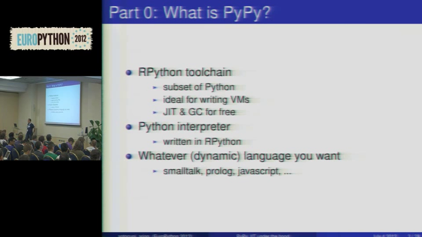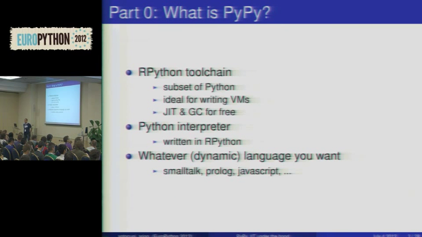So what is PyPy? Well, basically it's divided in 2 parts. One part is called the RPython toolchain, and it's a language. RPython is a subset of Python which you can use for writing programs. In general, it's designed to be useful for writing virtual machines, because you get a lot of features for free, like the JIT compiler, the garbage collector, etc. And you can use the RPython toolchain to write whatever interpreter you want.